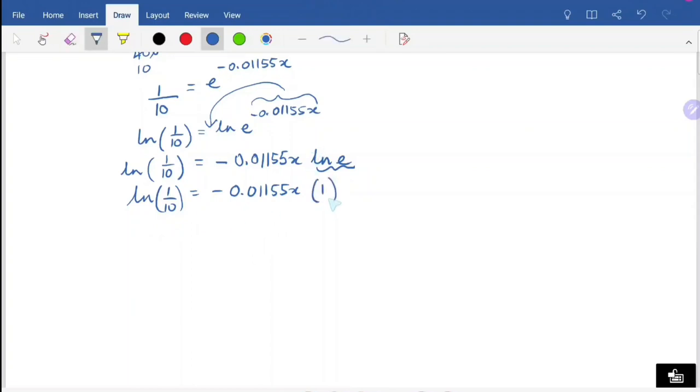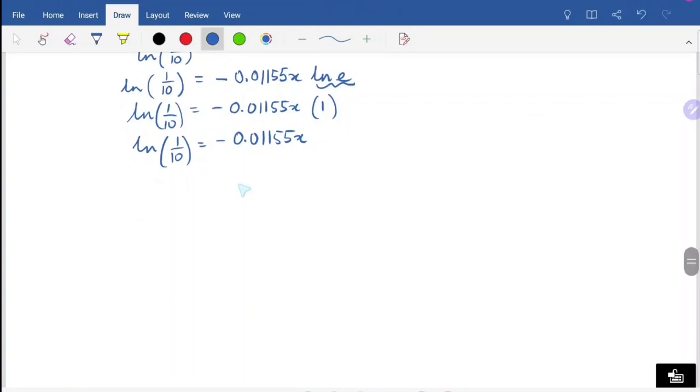Let me just write it as the next step: negative 0.01155x. So then we go on to the next part to solve for x.